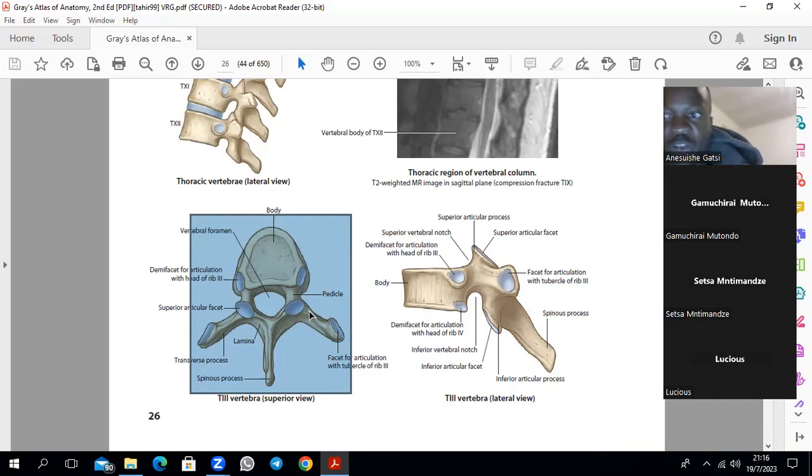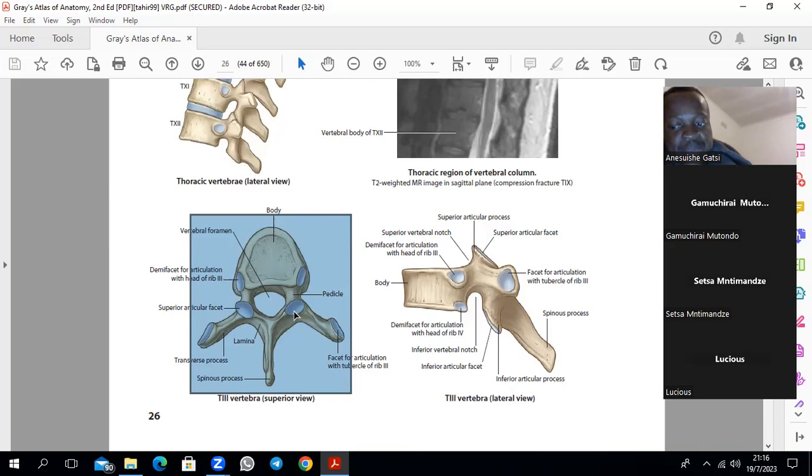So does anyone know the shape, the direction or the orientation of these facets? Personally, I don't. Okay. So I think you can look at the picture there. The superior ones are directed backward. You can see the spinous process is posterior, and you can see that these facets are directed backward.